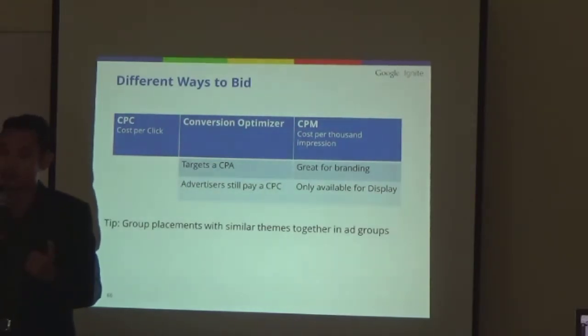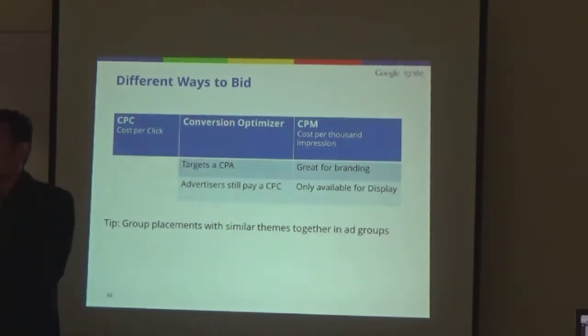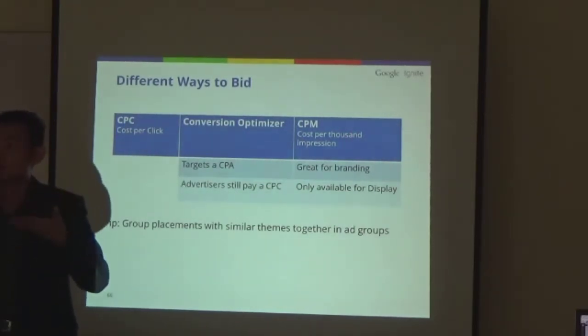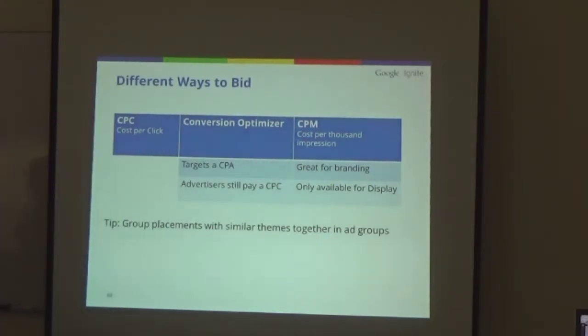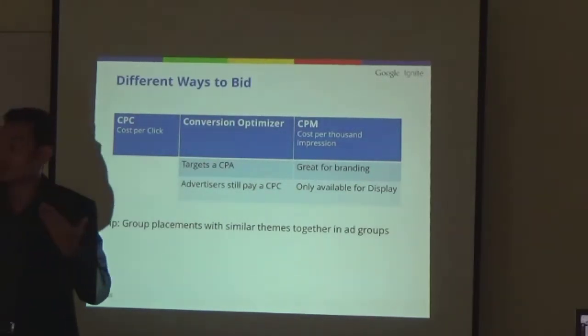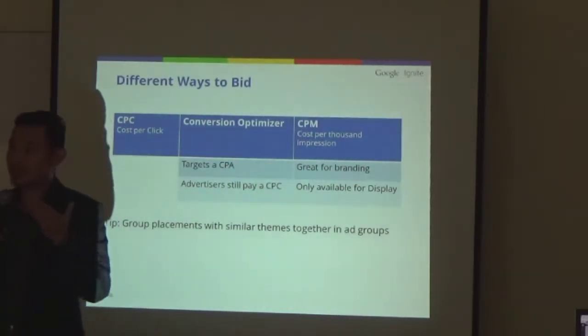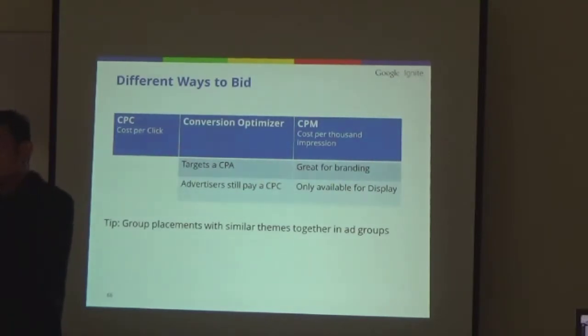Now the third is the conversion optimizer. I did share a little bit on that on search advertising. Now when someone uses conversion optimizer as a bidding strategy, what are they doing? They're actually telling Google to increase or decrease their bids that can drive more conversions.